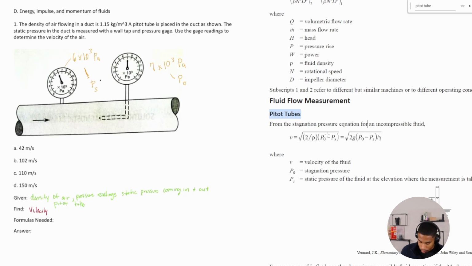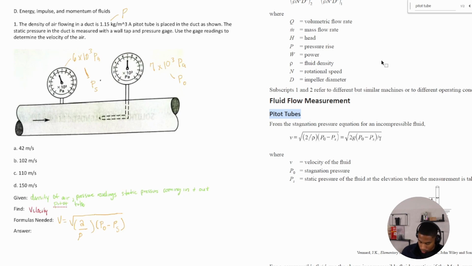So V is equal to the square root of 2 over the density, that's what rho stands for, times P0 minus PS. Now, do we know what rho is? Yes, we know the density of the air. This is rho. So we have rho, we have P0, and we have PS. Now it's just time to solve.